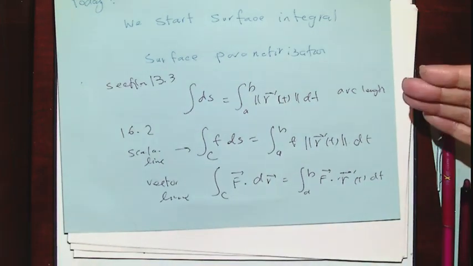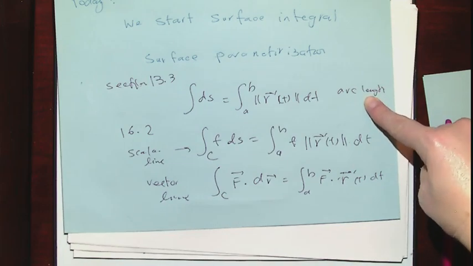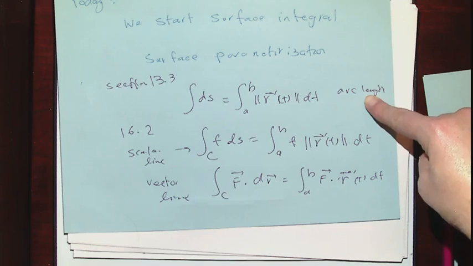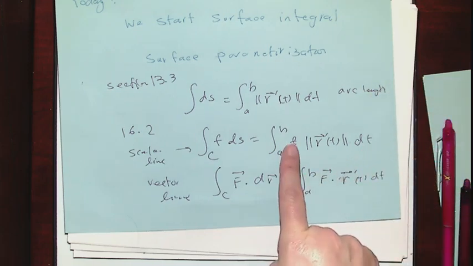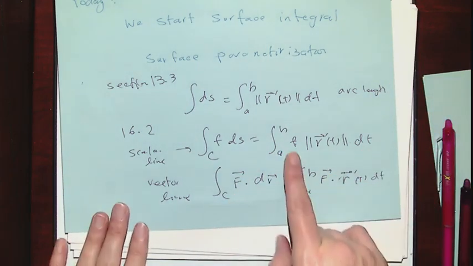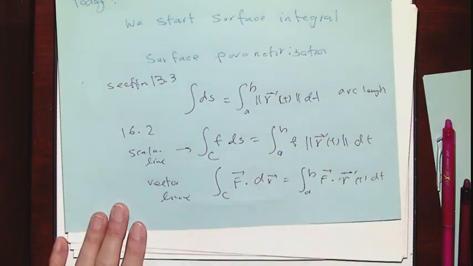Now, what would be equivalent to arc length when I talk about surface? Who said surface area? Whoever said surface area, a brownie point. So now, take that surface area formula, stick a scalar function in it. What would you call that?